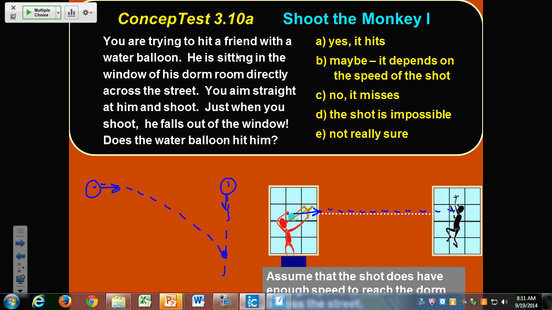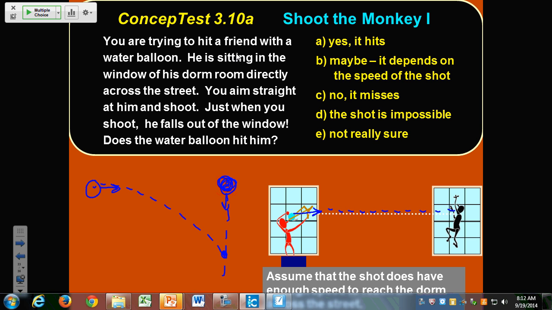Yeah, so this says down here that you have to assume that its speed is large enough. What Tong is saying is that if you shoot it at a really slow speed, then this guy is going to reach the ground before the balloon reaches him. But we assume that you shoot it with a fast enough speed that that's not the case. They both fall at the same rate, and so they're eventually going to meet.